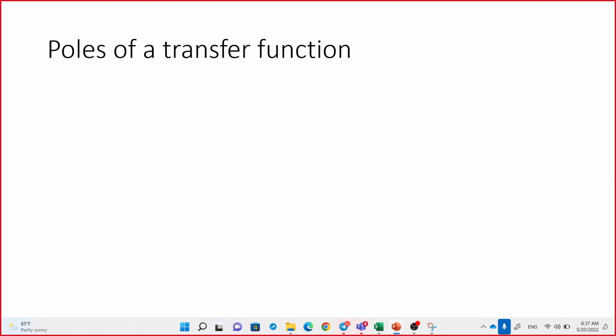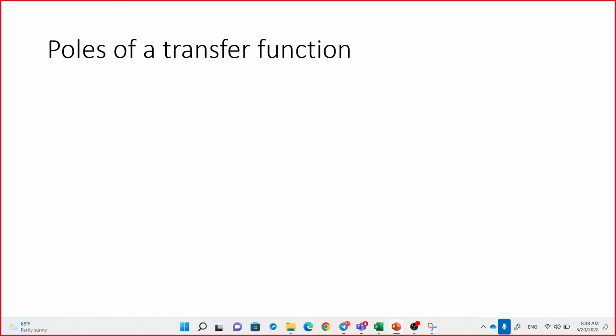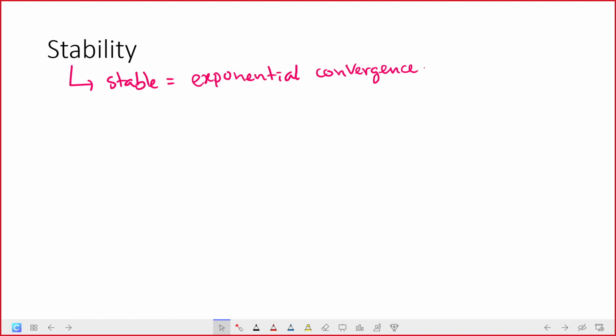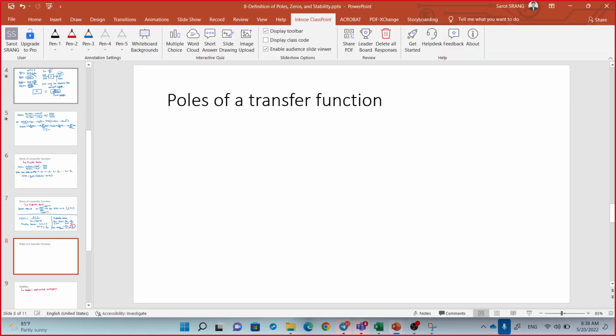So the next part is poles of a transfer function. What is the definition of poles? Let me recall the transfer function.